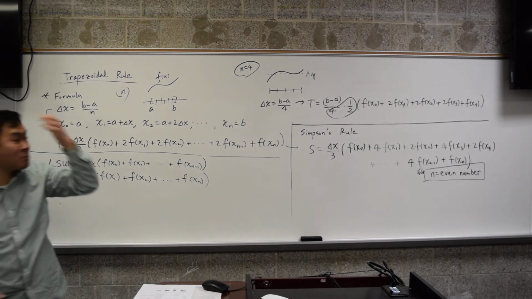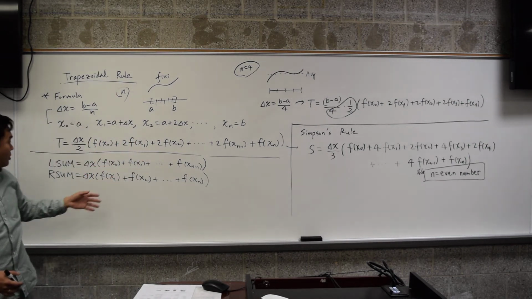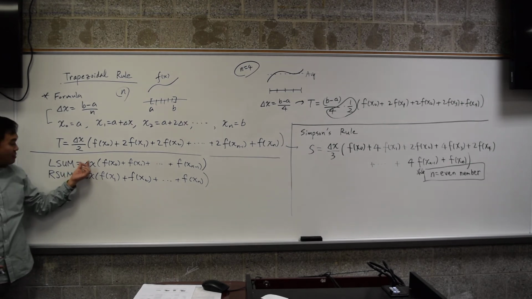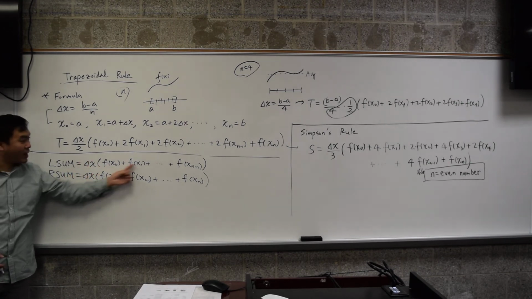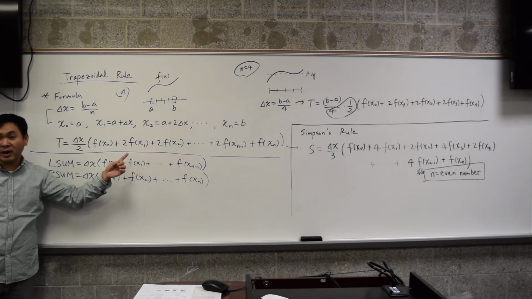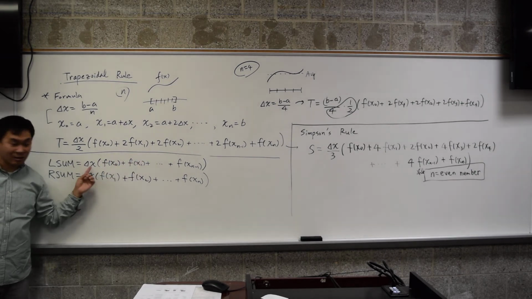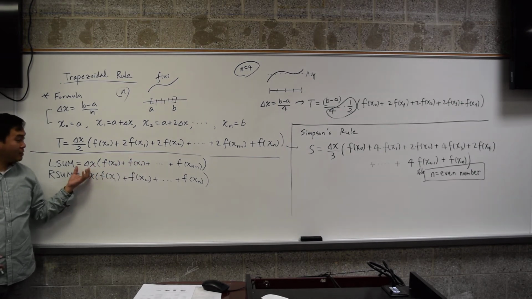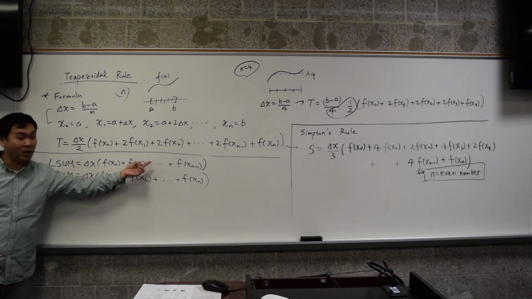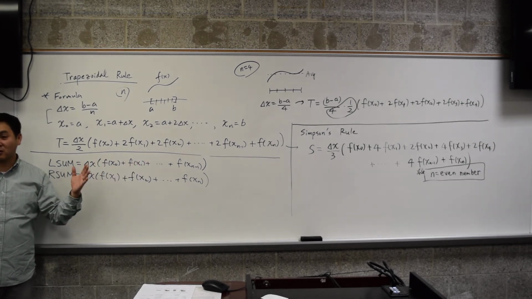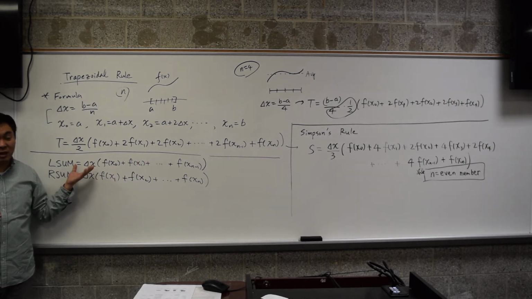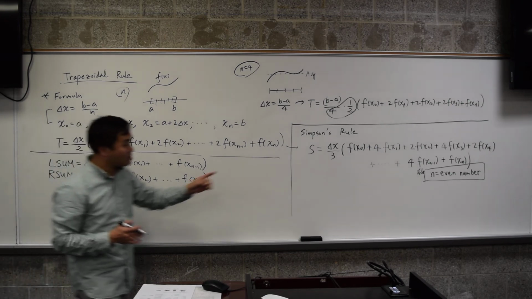So that's what's happening in these formulas. See, this really has b minus a over n, and you're adding n objects. So if you divide by n, then you get an average of these values, and you're multiplying by the interval size. So that's what's happening here. Does that make sense?